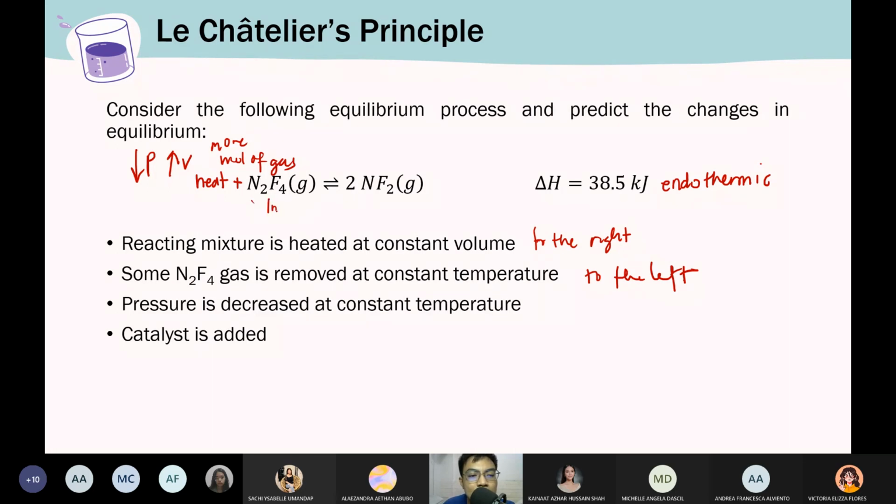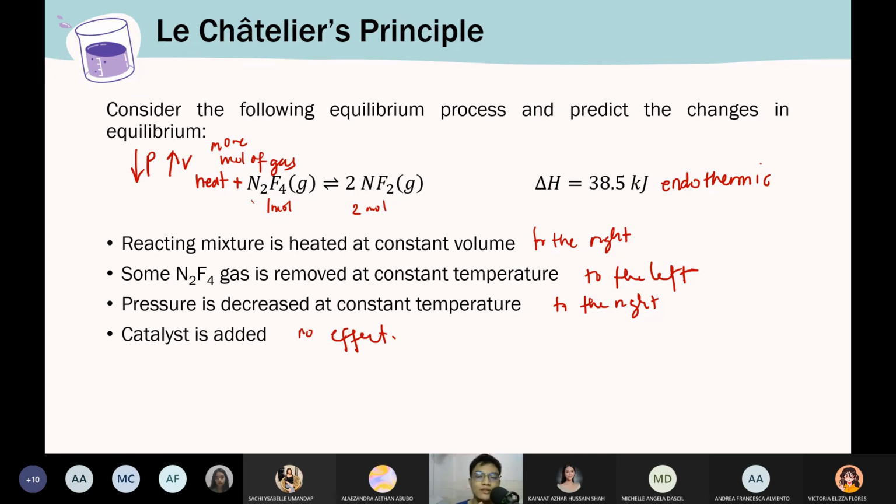Okay, so sa reactant side, you only have 1 mole of gas. On the product side, you have 2 moles of gas. So you favor the product side, so that's to the right. And then for the question of catalyst added, just write no effect. Kasi wala talagang effect. Okay?